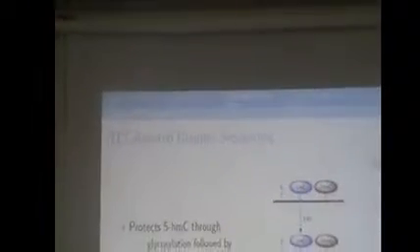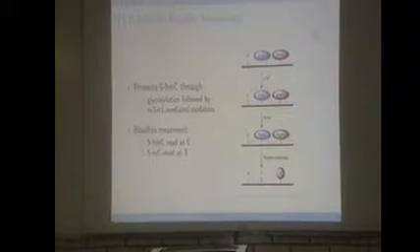So, what you do when you do TET-assisted bisulfite sequencing, where you include these TET proteins, is that the 5-hmCs in the hydroxymethylation get protected by glucosylation, which is followed by TET1-mediated oxidation. And then you do again a bisulfite treatment.